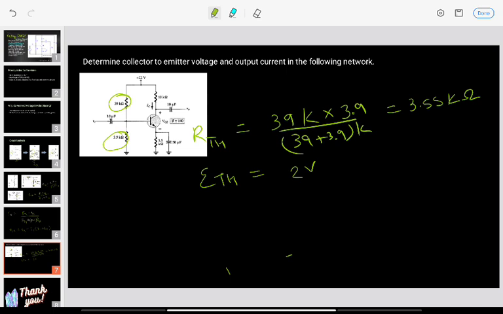Now let us redraw the circuit, and you will get ETH here and this is RTH, this is ETH, and here is the transistor. This will be VBE, and this is grounded.